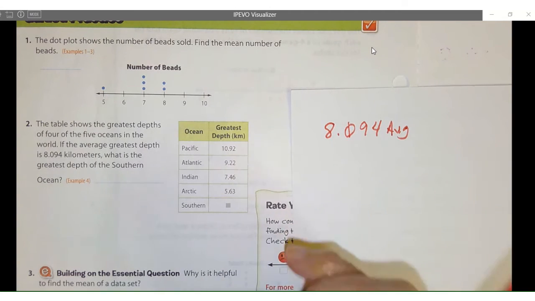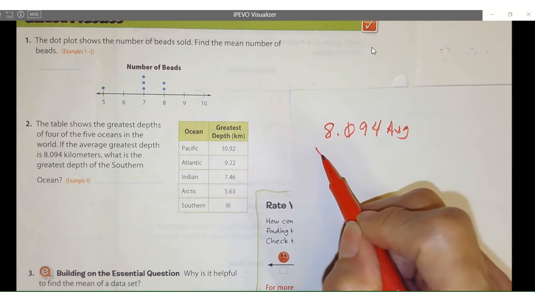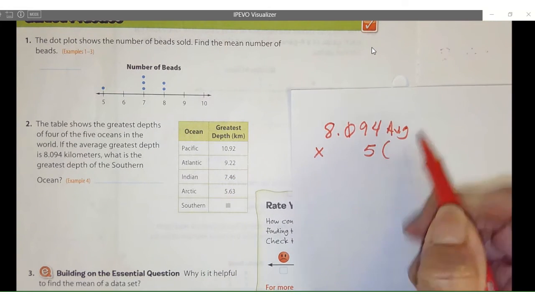And how many pieces of data would we have? 1, 2, 3, 4, 5. We multiply this times the number of data.